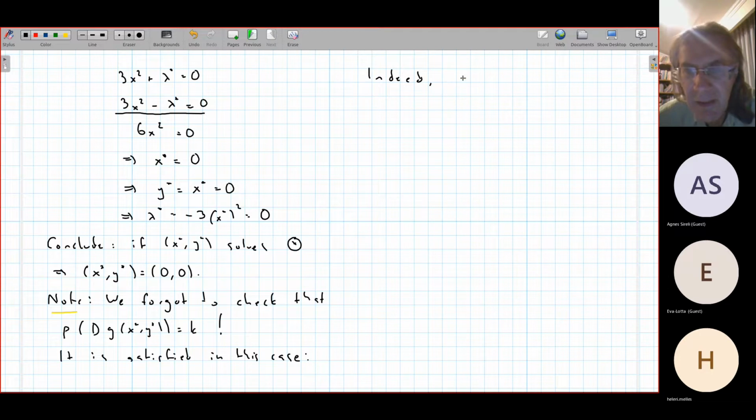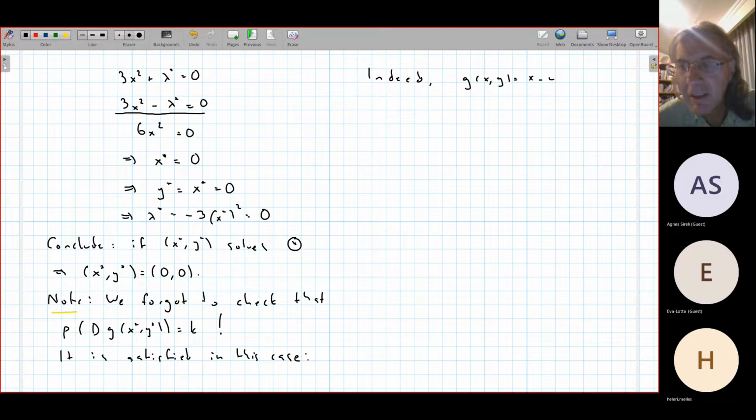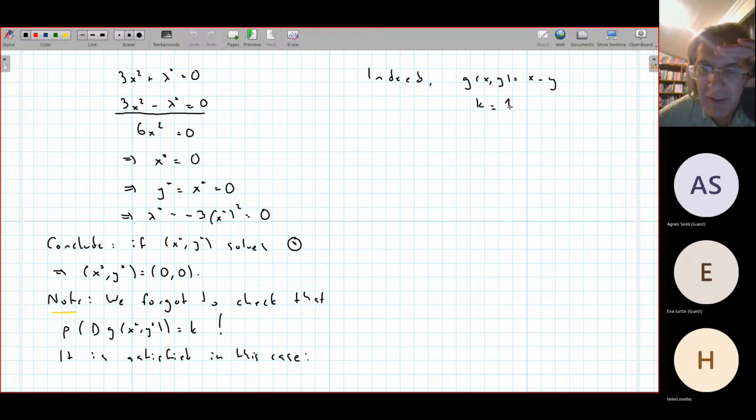We remember that the function g has the form x minus y, right? And what's the value of k in this case? K is the number of equality constraints, you see? And in this case, k is equal to 1.